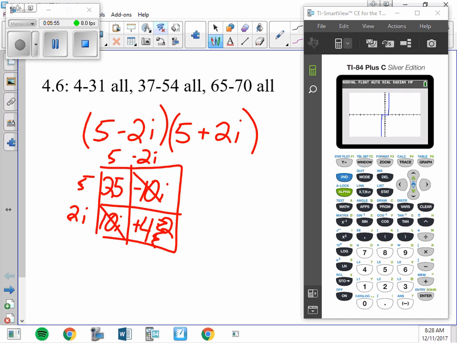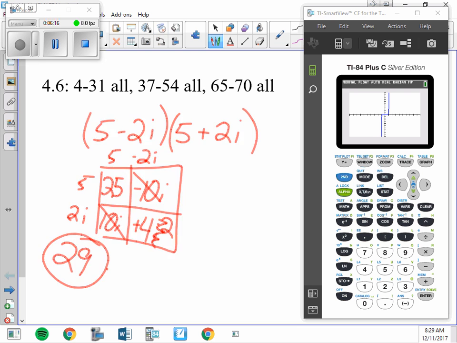And then I'm left with 25 plus 4 is 29. So that's sort of weird. I took two complex numbers and multiplied them together, and all of the i's canceled. And I got a real number, 29. Okay, that's going to happen every single time you do this.